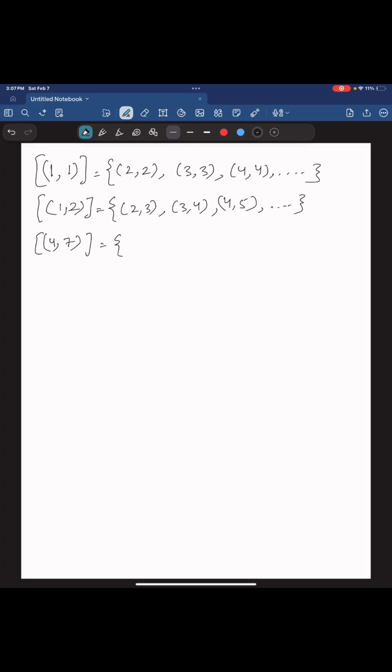Any element which is related to this would look like (1, 4), (2, 5), then (3, 6) and so on. I'm going to take two or three more examples and explain why I'm doing this. It is very interesting.